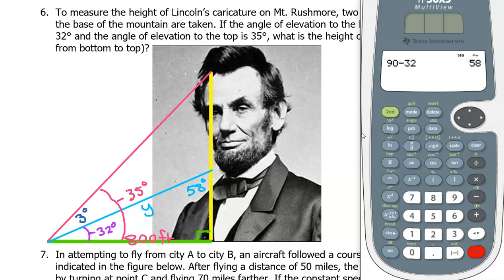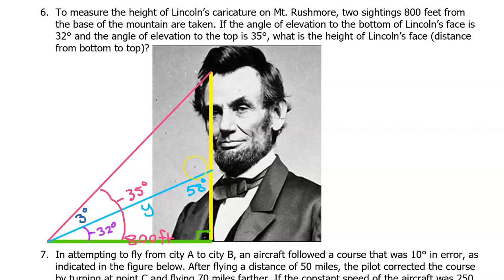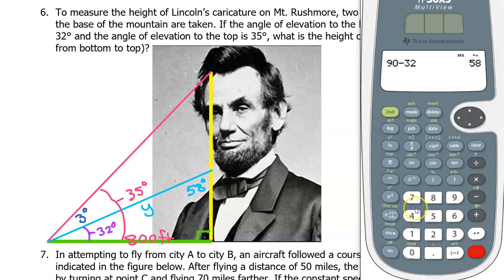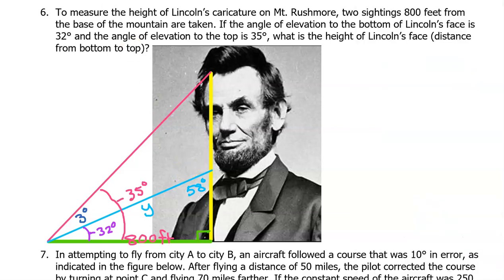What about the obtuse angle on the other side of the blue line? We should be able to find that as well because this yellow line is a straight angle. We should have a total of 180 degrees between these two angles. So in other words, if we do 180 minus 58, we find that this angle is 122 degrees.